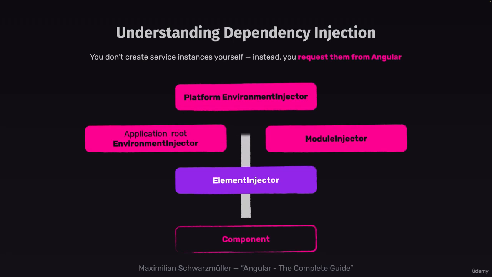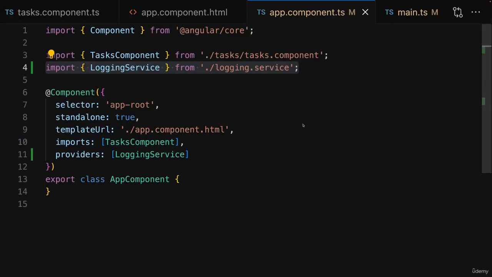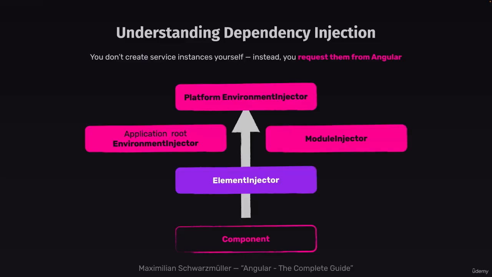Because as I mentioned before, components and directives do reach out to this element injector, which is the injector to which you register the service when using this providers array here in the component decorator. But services will not reach out to the element injector because they aren't elements. They're not part of the DOM.